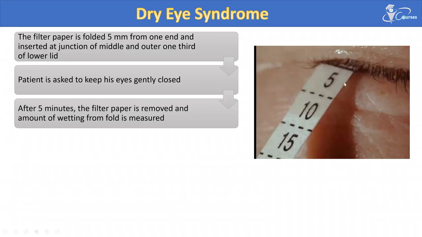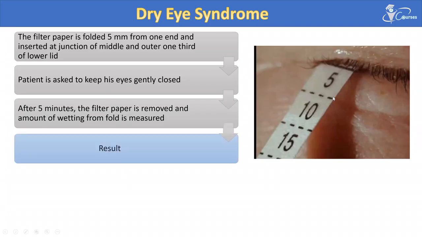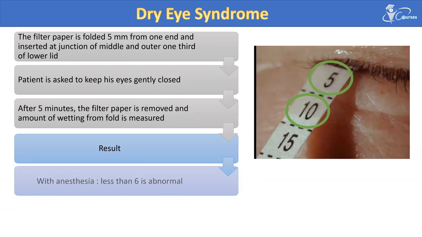So you will be able to see how much of this paper is wetted. The numbers 10 and 5 are very important for the measurements. If with anesthesia it is less than 6 millimeter, this is considered abnormal. If it is 5 millimeters or less of wetting, this indicates a deficient tear film. This indicates dryness.